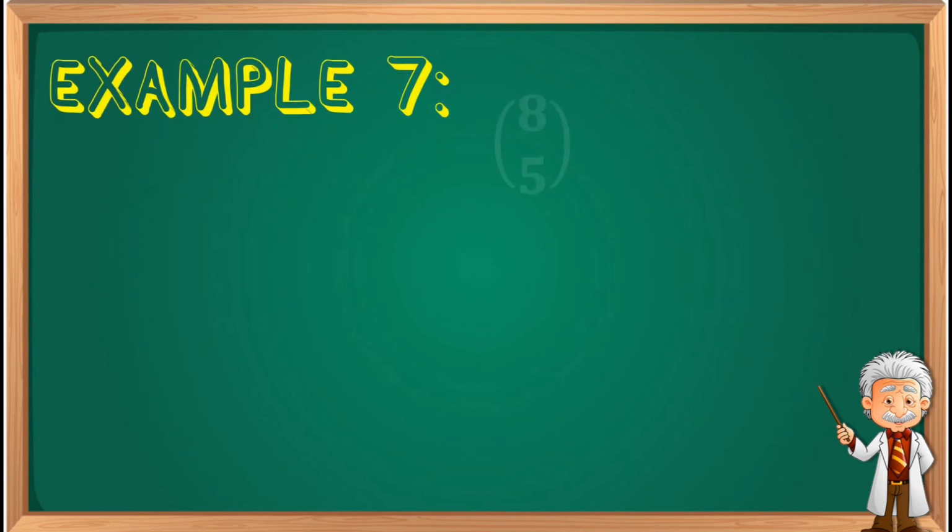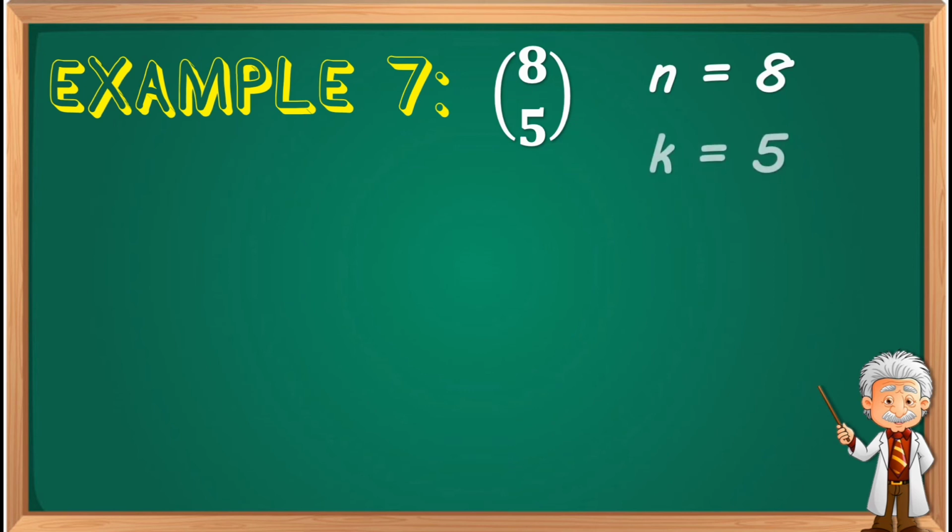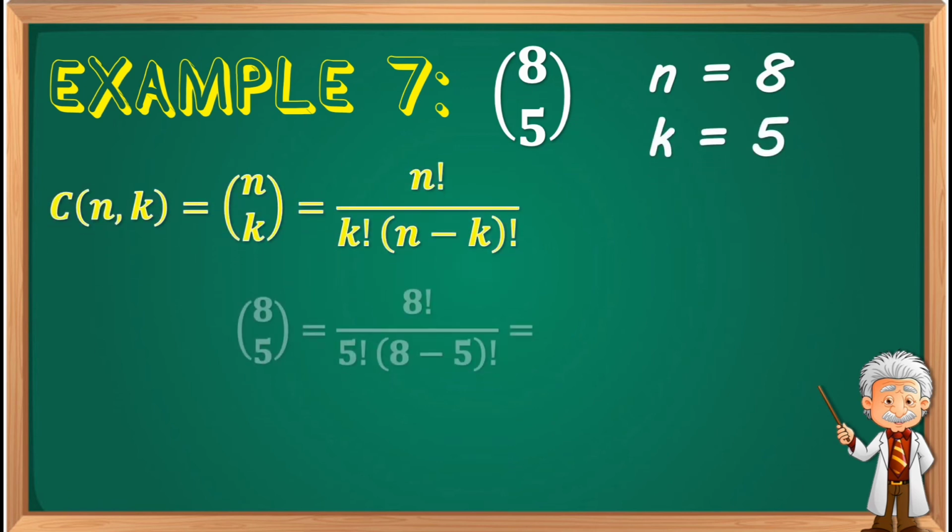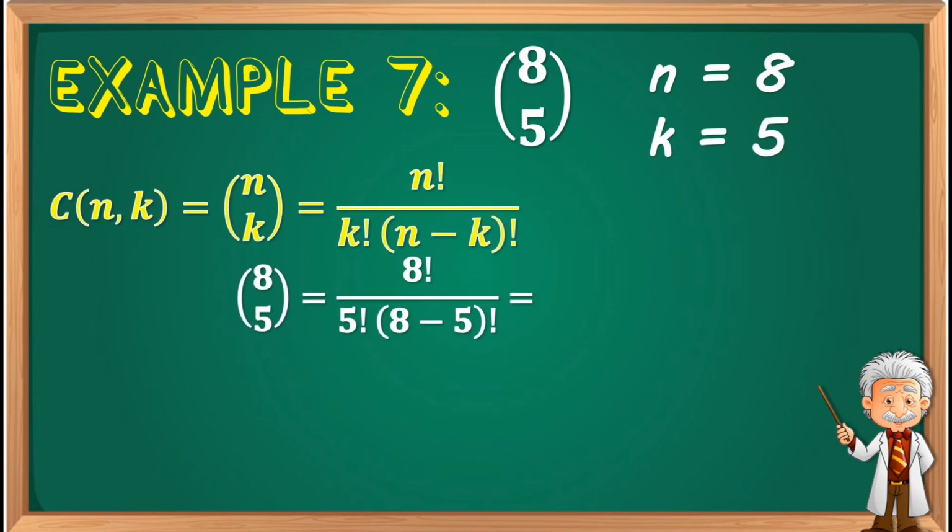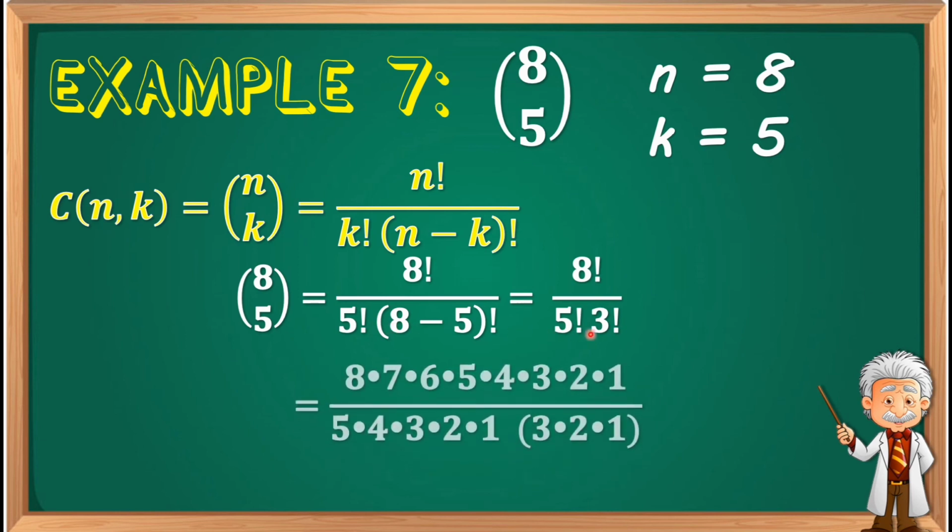Next, we have example number 7. So our given is 8, 5, n is equal to 8, and k is equal to 5. Using the formula, we have 8 factorial over 5 factorial times the quantity 8 minus 5 factorial equals, so 8 minus 5 is 3.